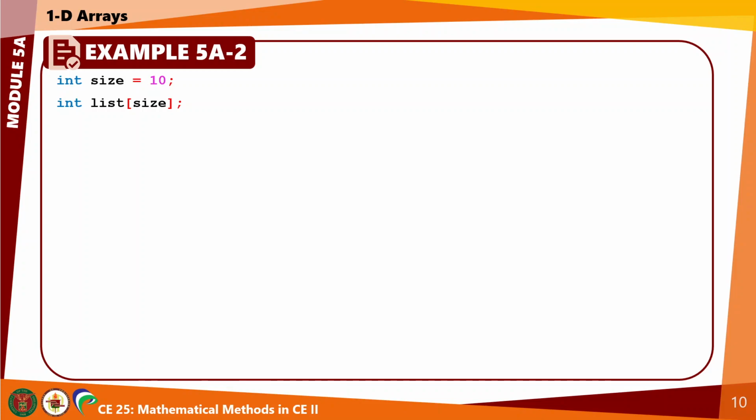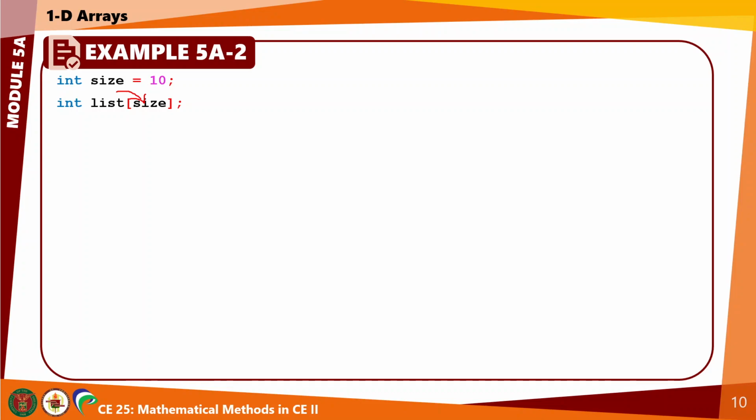Let's say int size equals 10. Basically, you have a size, okay, initialized with the value of integer 10. And then you declared a variable list, tapos may bracket, meaning this is an array. Okay, an array of integers. So, since size ito, which is equal to 10, okay, yun yung size ng array natin na list.